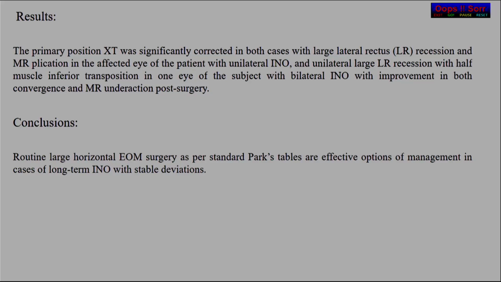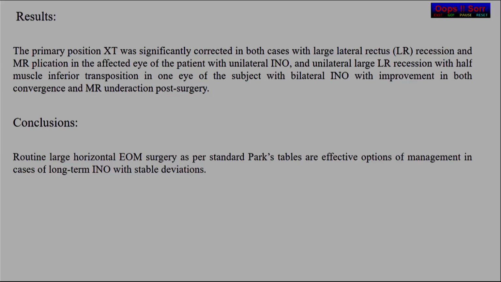So, do you think a resection could have been a better option? What was the intent of using plication over resection? Because to improve the medial rectus under action post surgery.